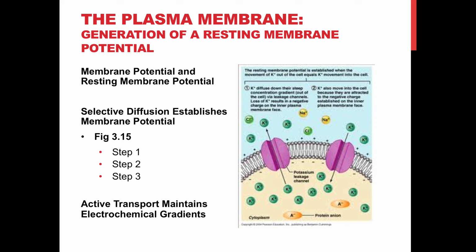That means that because there's such a high concentration of sodium outside of the cell, its concentration gradient is forcing it into the cell, but it's also being forced in by an electrical gradient because the positive ions are repelling each other. So that potential can be measured in voltage.